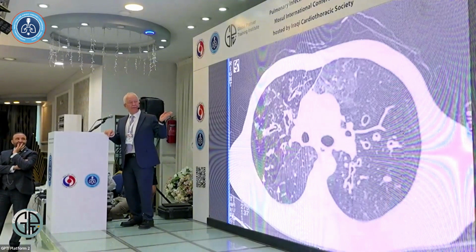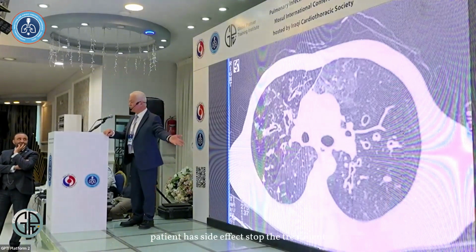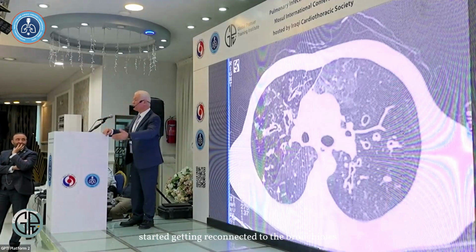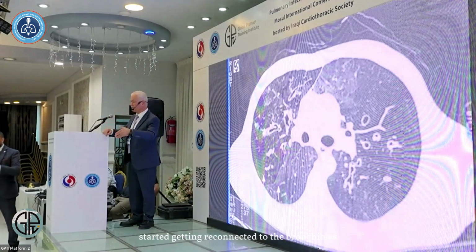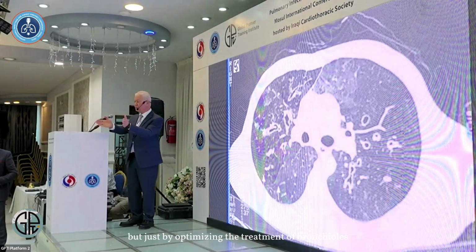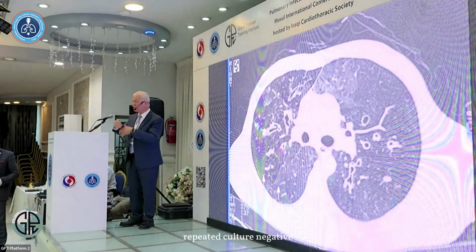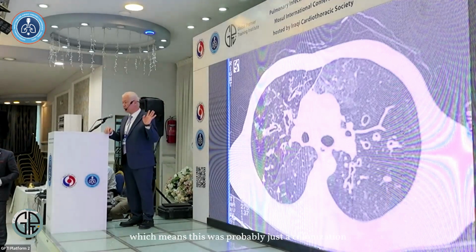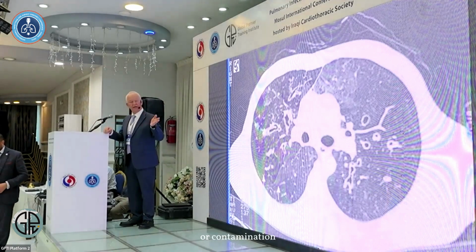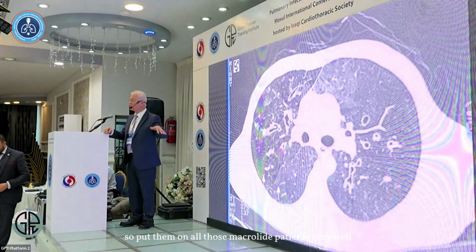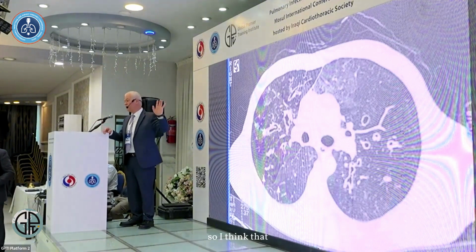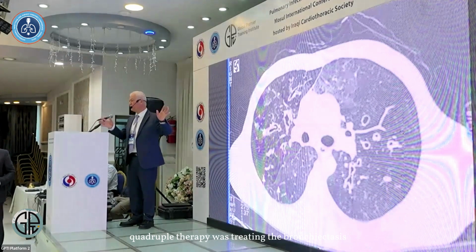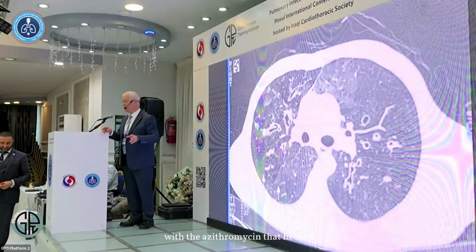The patient had side effects, stopped the treatment, remained well, and then after a while started getting recurrent exacerbations of bronchiectasis. But just by optimizing the treatment of bronchiectasis, and with repeated cultures negative, which means this was probably just colonization or contamination, we put them on low-dose macrolide and the patient was very well. So I think the quadruple therapy was treating the bronchiectasis, with the azithromycin that he had.